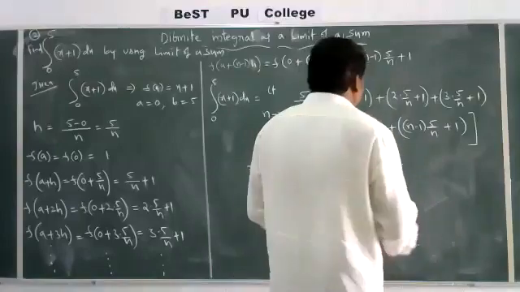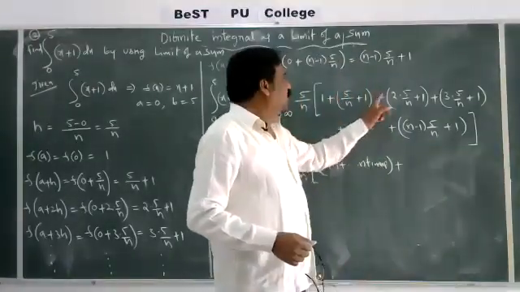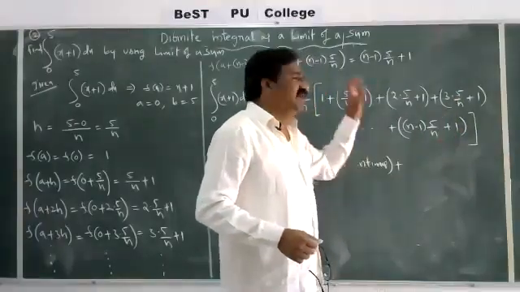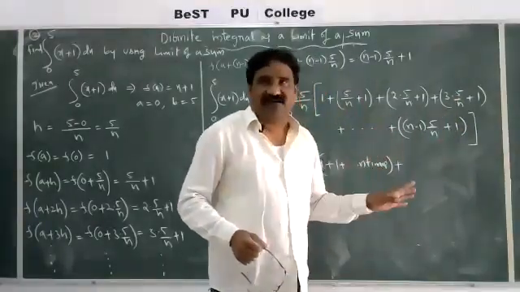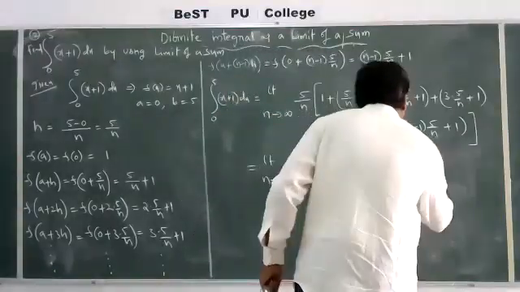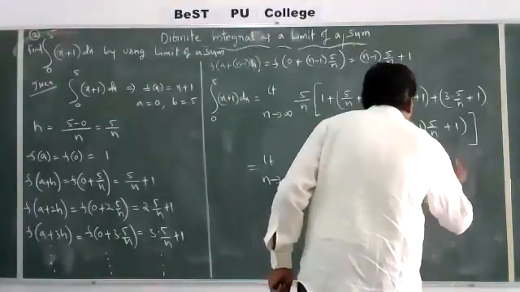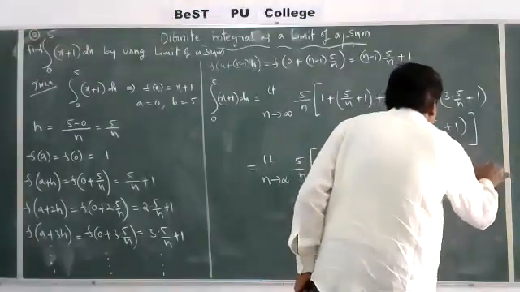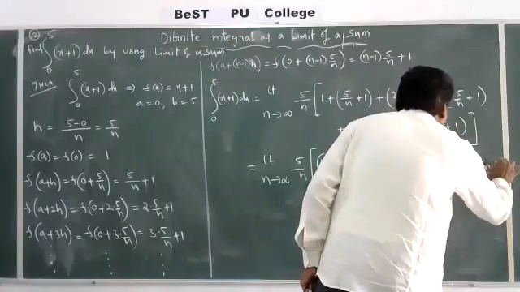Observe the remaining terms: 5 by n, 2 into 5 by n, 3 into 5 by n, like that. Every term has a 5 by n, that's why 5 by n is common. In the bracket you get 1 plus 2 plus 3 and so on, plus n minus 1 terms only.